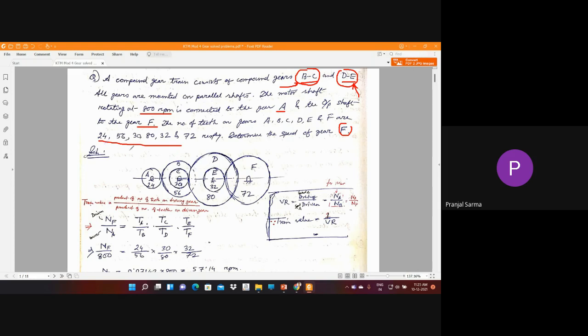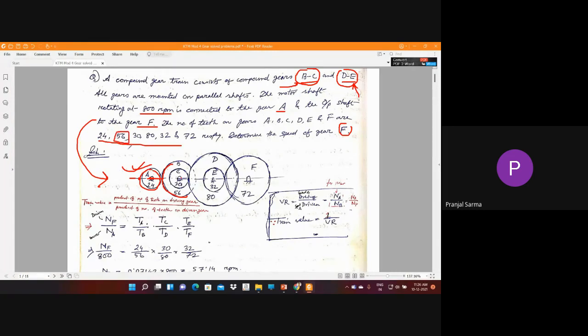Okay. So now, sometimes this figure may or may not be given. Even if the figure is not given, from this data you'll be able to draw this. So now we will consider that they are in a linear fashion. Suppose gear A we are drawing here. Gear A is in mesh with gear B. Gear B, depending, like 50, 60 is given.